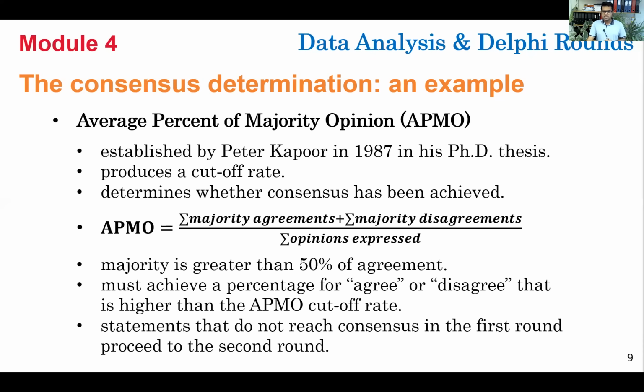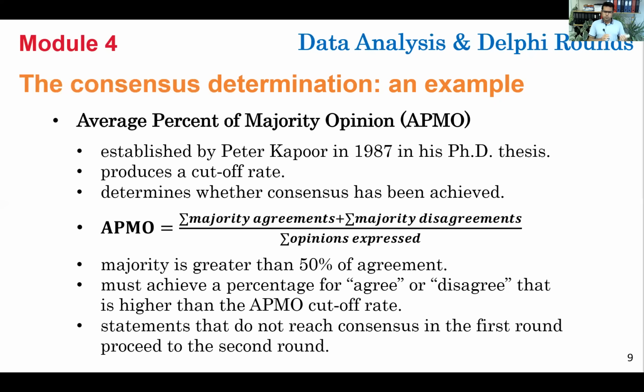Peter Kapoor established this formula in his PhD thesis in 1987. To calculate APMO, we first add the total majority agreement and the total majority disagreement, and then divide the summation by the total opinions expressed. The majority for an inquiring issue is defined by identifying a percentage of more than 50.